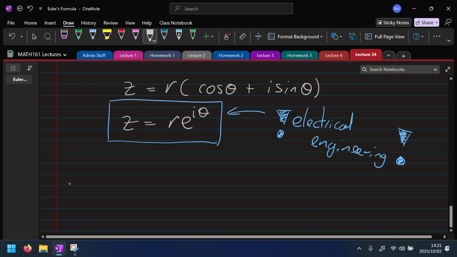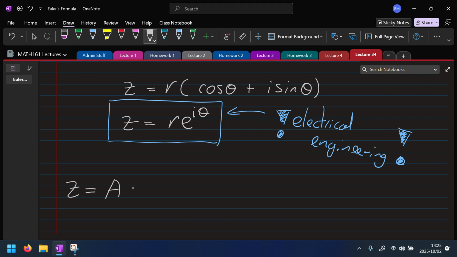Okay, so the way you'll be using it is more like this. So you'll have some a e to the i theta, or you can write it as omega t plus phi, something like that. So when you're working with your electric currents and so on, you write it as amplitude, frequency, and phase. Yeah.